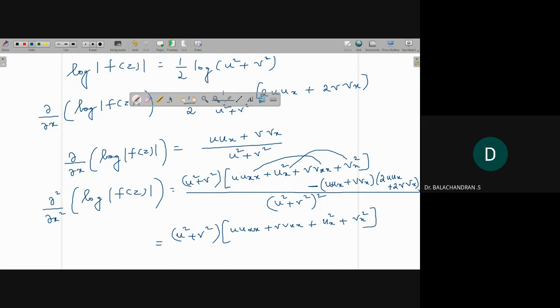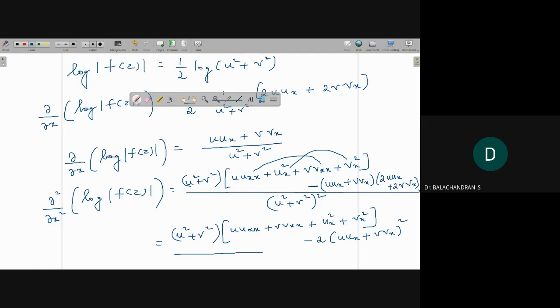And then from here I took 2 commonly. If I took 2 commonly, remaining is what? Minus 2 into uux plus vvx. Here also you have uux plus vvx, so that is ux plus vx whole square.